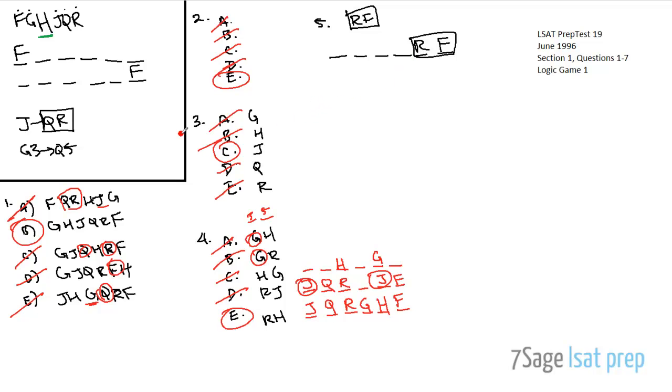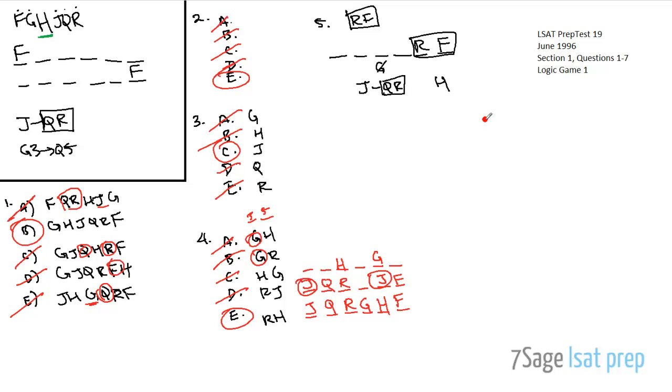And so what does this immediately tell us? It tells us that Q is not in 5, so therefore G is definitely not in 3. And then what else do we need? We need J before the QR block, and then we have H floating around doing something. They're asking us which of the following must be true about the schedule.